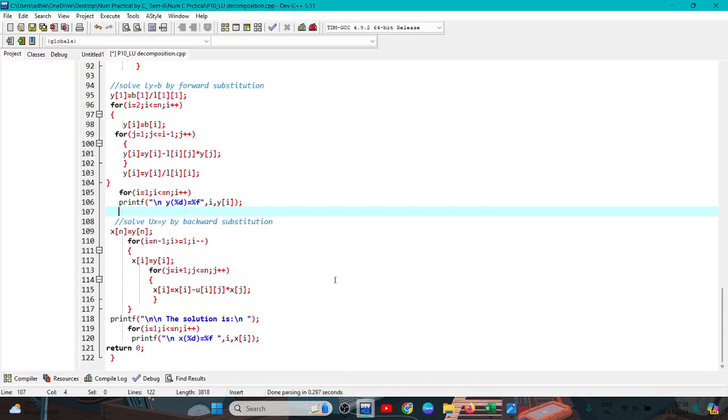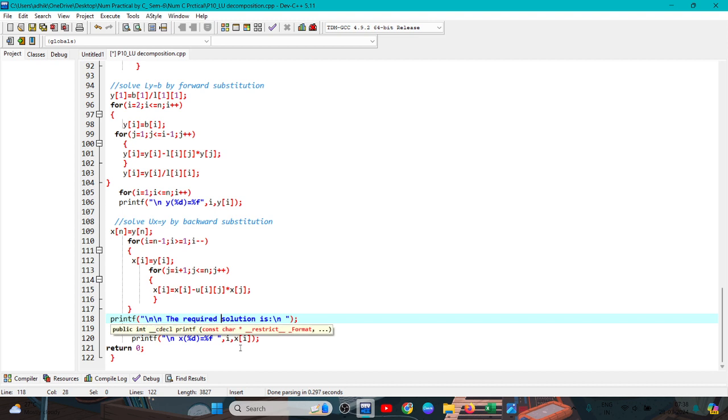That is, the old x3 is y3 minus u34 into x4, and you get this result. And last, print the required solutions with printf of xi, then return, save, compile, and run.